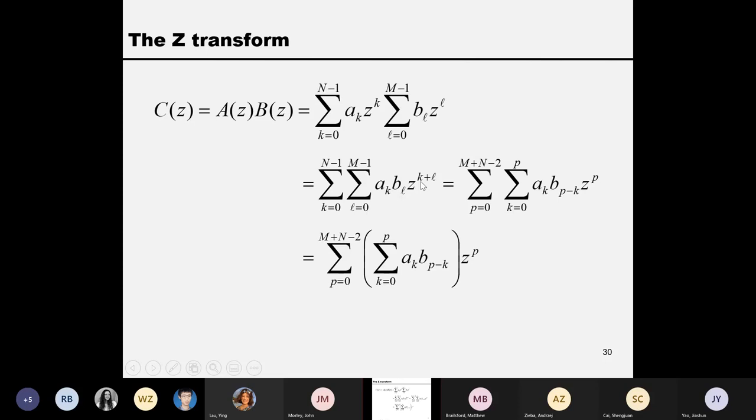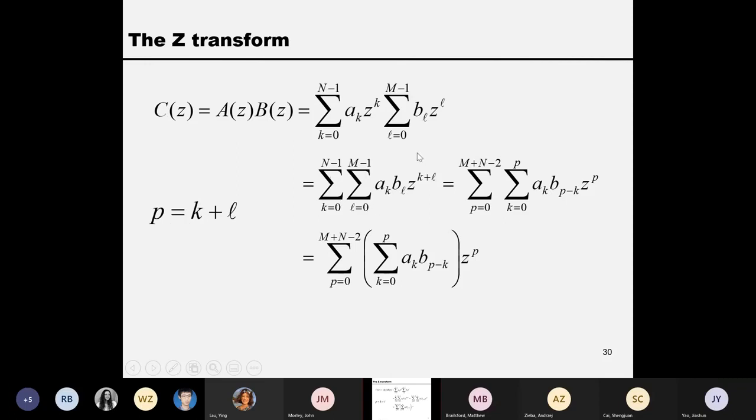Remember, when we talk about the Z transform, the very important information is the power of Z. But here the power of Z is k plus l, which is slightly complicated. So we replace k plus l with a single variable P. If we set k plus l equal to P, then k is unchanged, but l becomes P minus k.